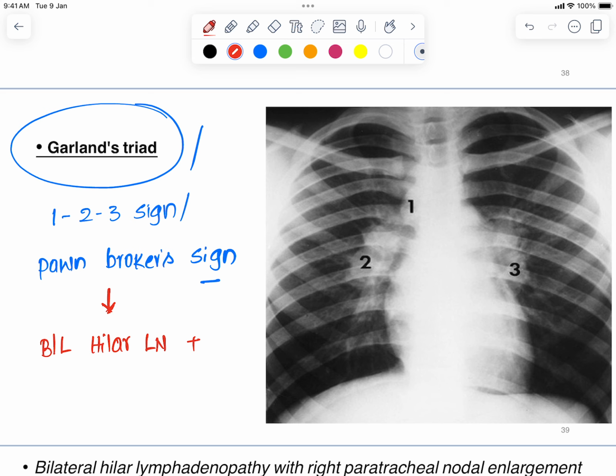Along with that, there will be right paratracheal node enlargement.